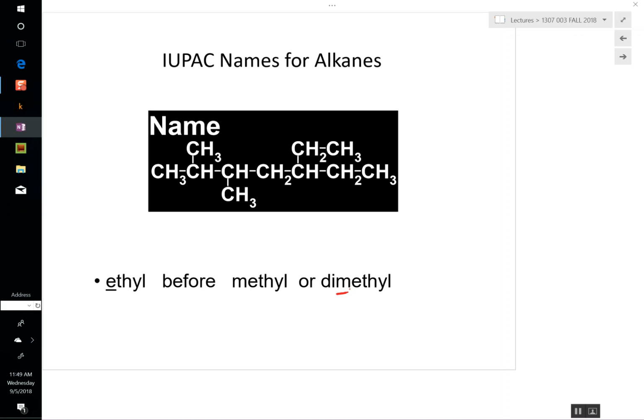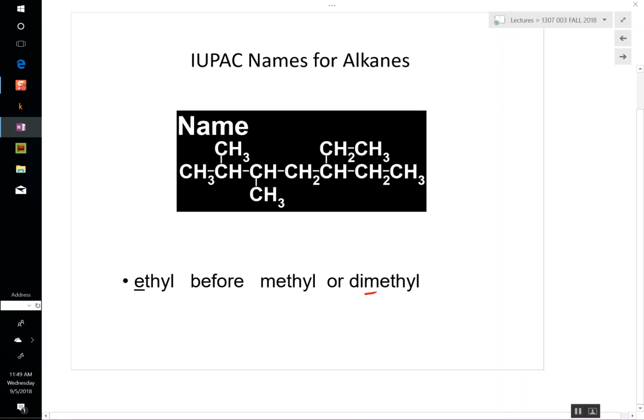It doesn't mean you always start at the right. You start at the end closest to the first substituent. So we start at the end with the closest substituent. The longest chain is right here, 1, 2, 3, 4, 5, 6, 7 carbons long. So the parent name is what?